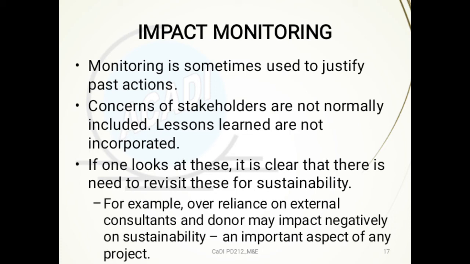Monitoring is sometimes used to justify past actions. Consent of stakeholders is not normally included. Lessons learned are not incorporated. If one looks at this, it is clear that there is need to revisit this for sustainability.